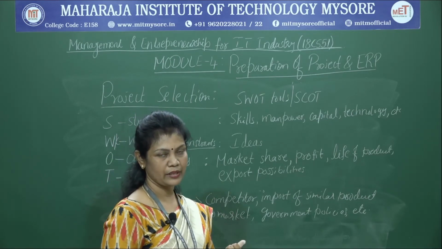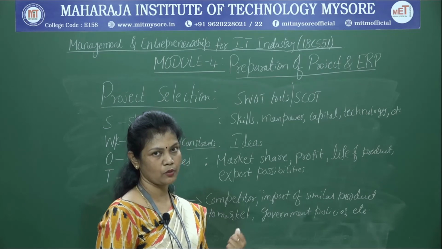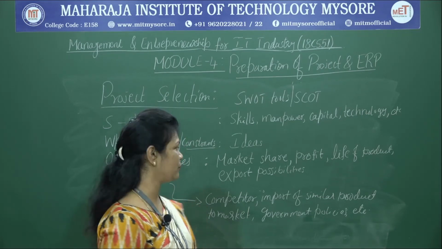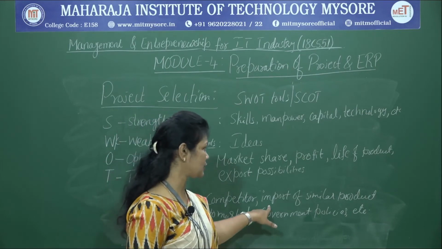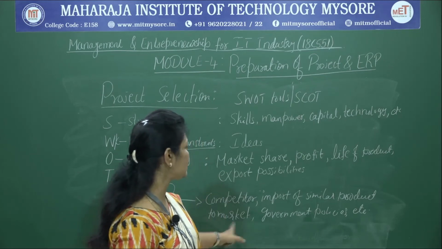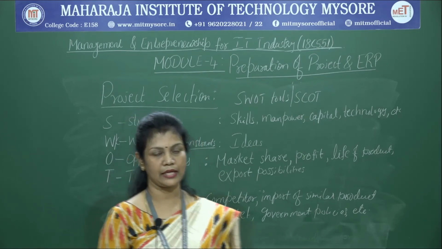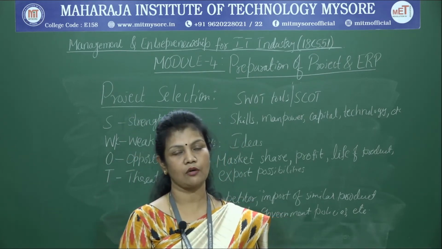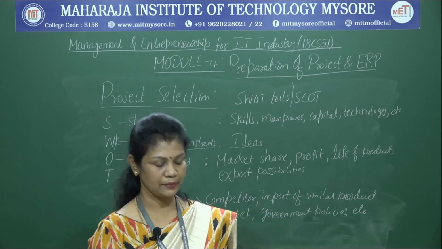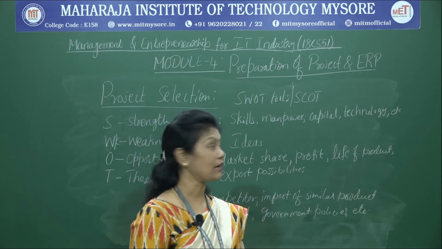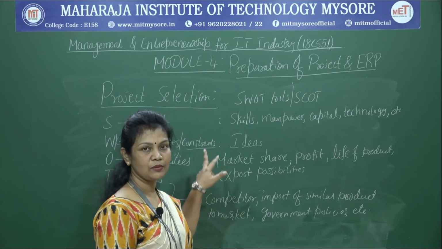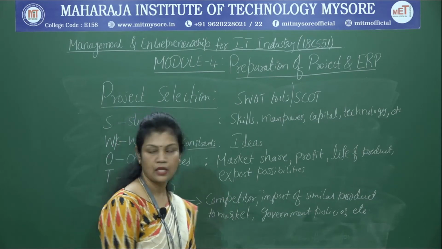There will always be competition among the different entrepreneurs involved in a similar kind of business, and they have to consider that also. Then what are the possibilities of importing similar products to the market, and how government policies are going to change from time to time. They have to be very careful about all these things while doing project selection.